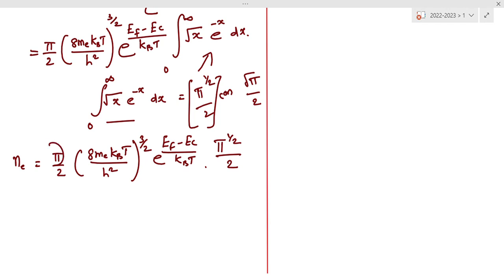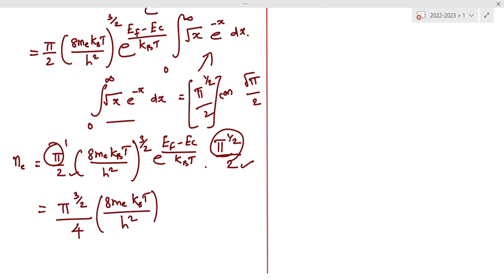So pi power 1 and pi power half is taken as pi power 3 by 2, and 2 here, we have a 2, 4, then (8 me kBT by h square) the whole power 3 by 2 e power (EF minus EC) by kBT.